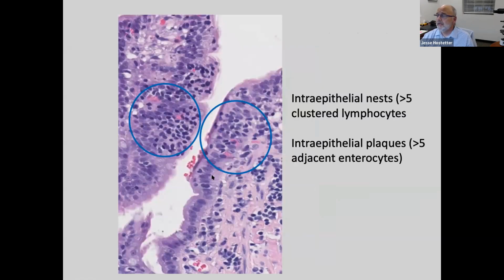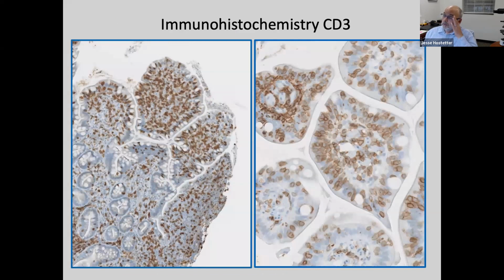Here's an example of that. Here are these intraepithelial clusters in the blue circles associated with low-grade lymphoma. So this is a good example of a CD3 immunohistochemistry on these cases. And I think that when you look at this, you can really appreciate this is the epithelium.